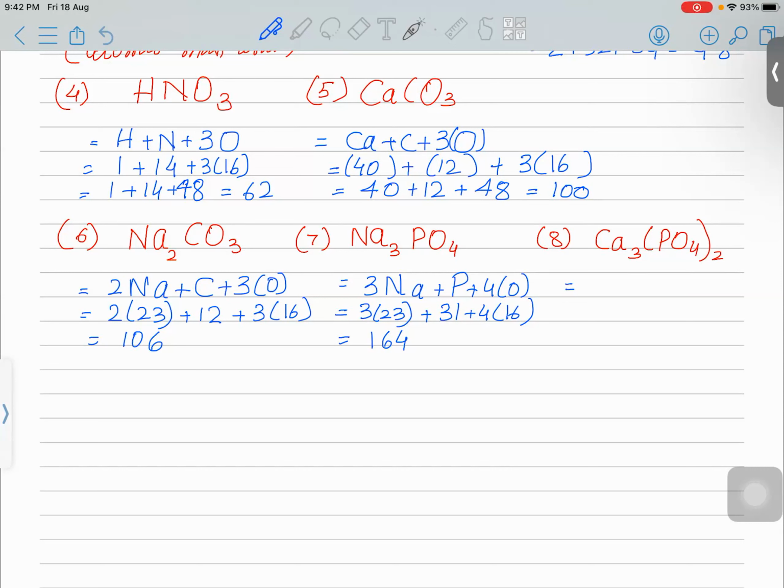3Ca. Very good, plus 2P plus 8O. Very good. Ca is equal to 40, so calcium is 40.